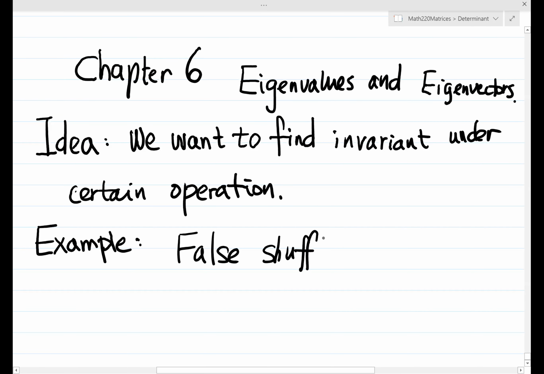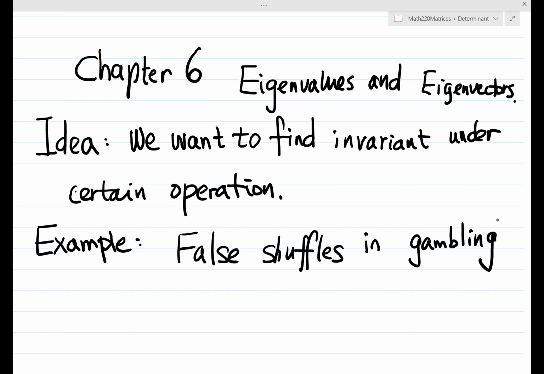What are they? This is an operation where you try to shuffle a deck of cards, and it looks like the deck is shuffled into random order.